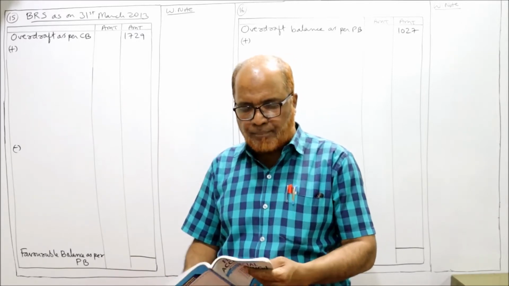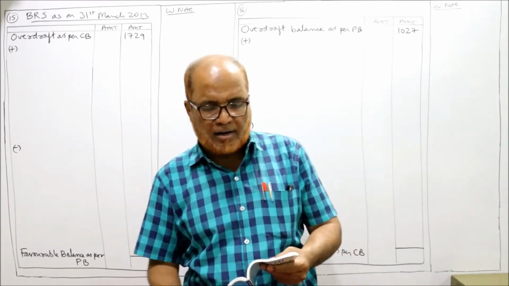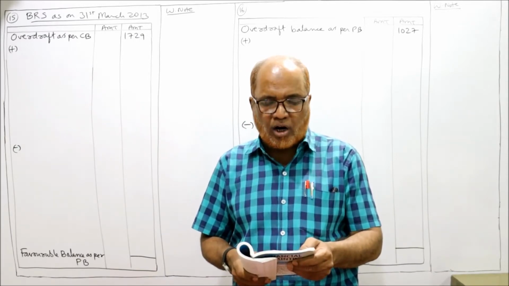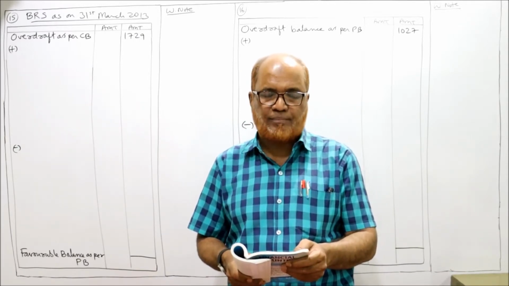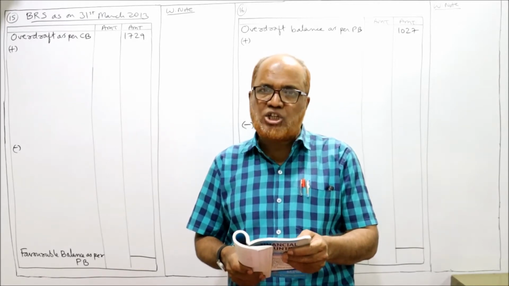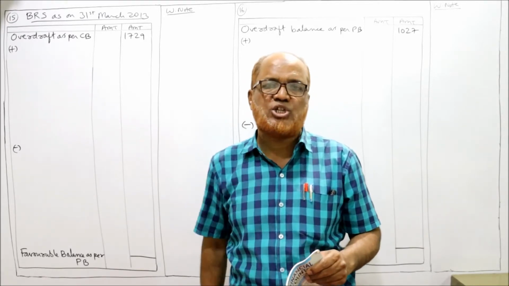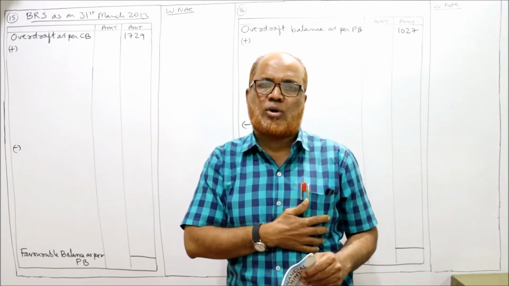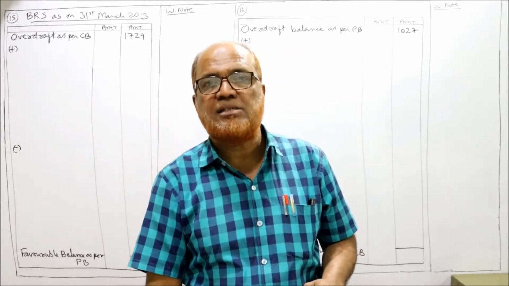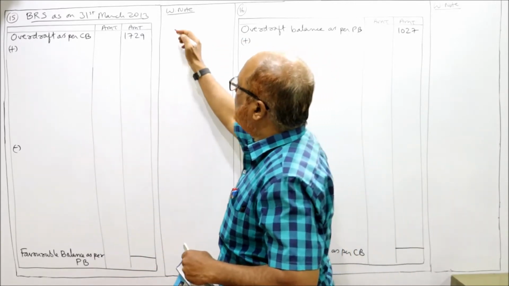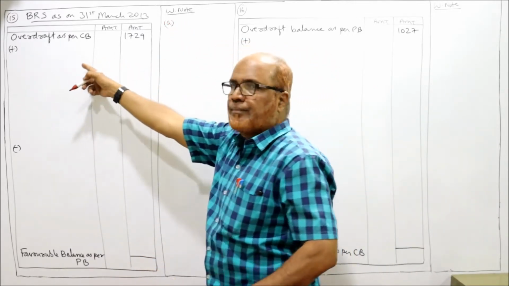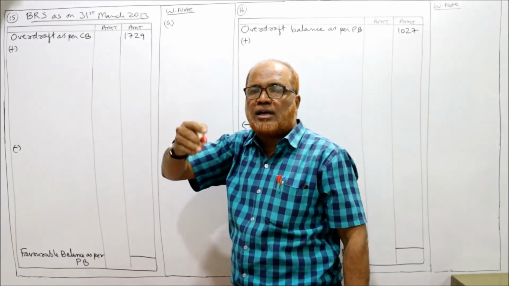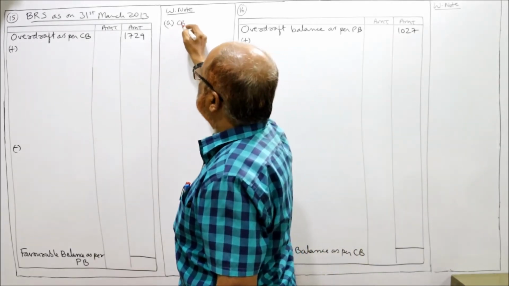Now the first item: out of the checks of 1100 rupees drawn on the bank, checks for 600 were not presented for payment within the date. Drawn means checks issued. When we issue the check, we record it in the cash book, so the cash book overdraft will increase.